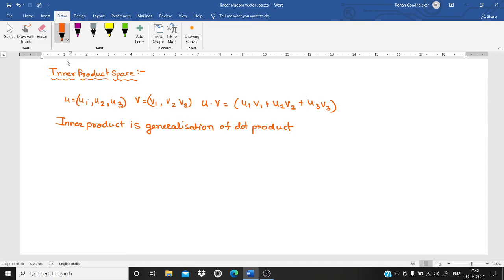Fine. So in a vector space, the inner product is a way to multiply vectors together, with the result of this multiplication being a scalar quantity. Whenever we calculate an inner product of two vectors, we get a scalar quantity. Fine. So as I discussed, inner product is a generalization of the dot product.